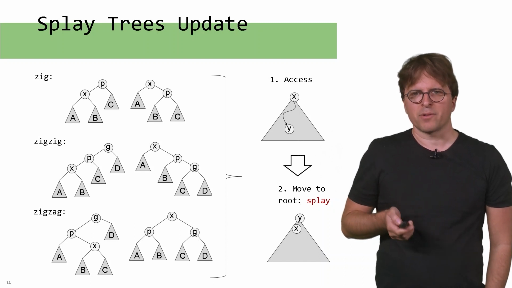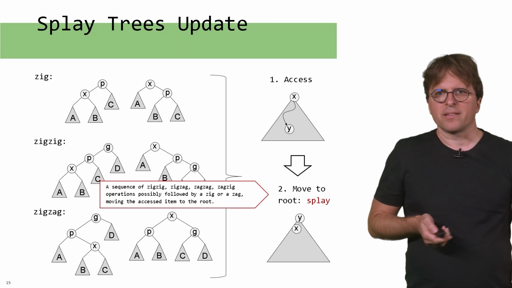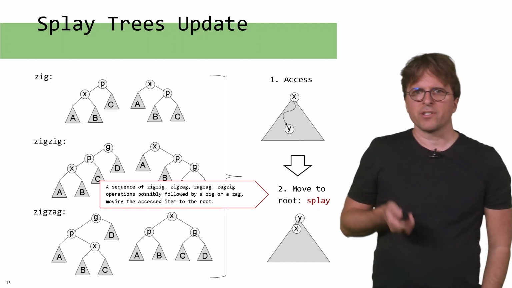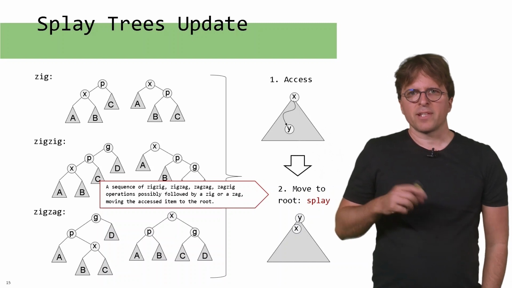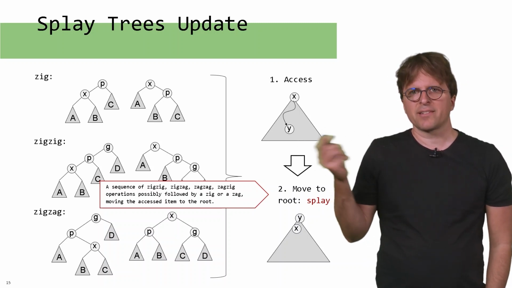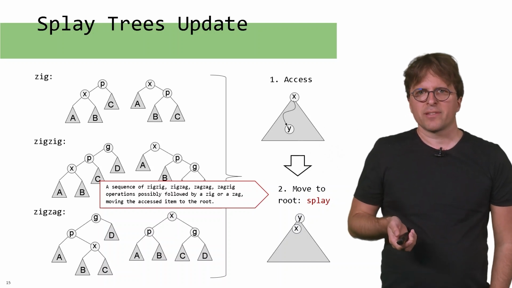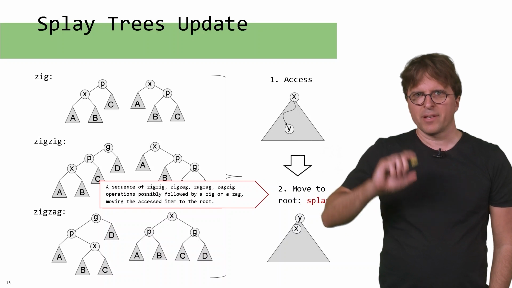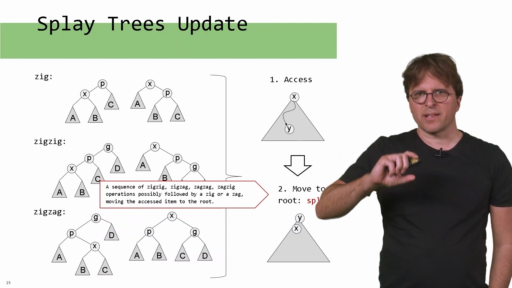Okay, so this is the promotion that y experiences, and basically a splay operation is just a sequence of zig-zig, zigzag, zag-zag, zag-zig operations, and maybe in the end a zig or a zag. So it depends. The last operation can be a zig or a zag.